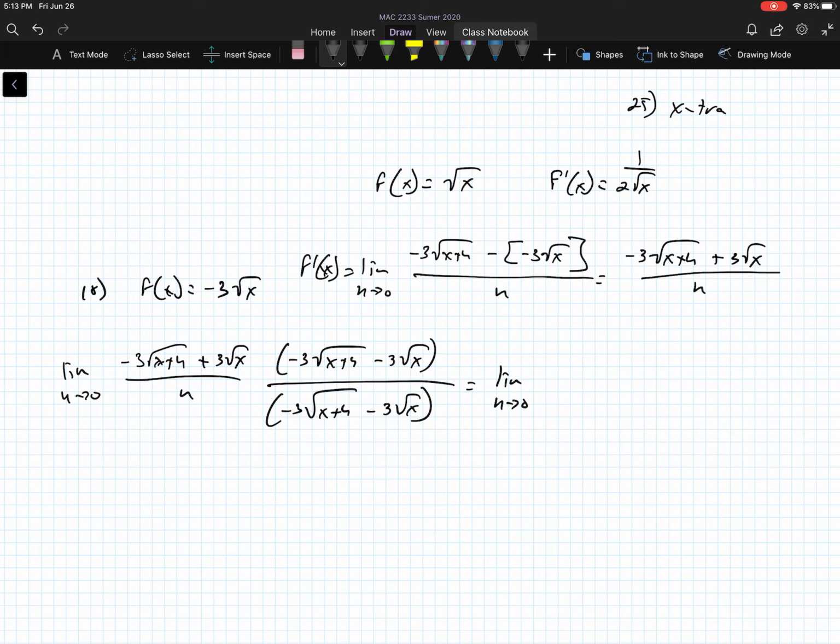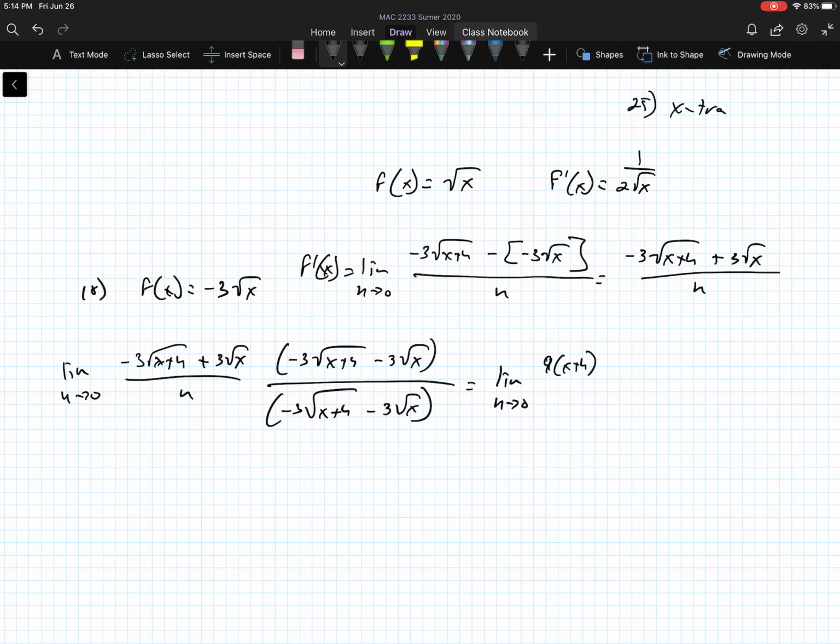And so what's going to happen here is, if I do negative 3 square root of x plus h times negative 3 square root of x plus h, I'm going to have 9 times x plus h. And then the two middle terms are just going to cancel each other out.